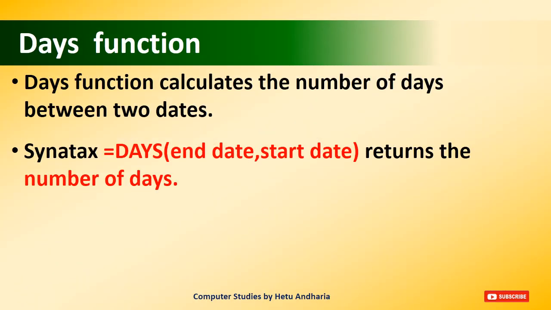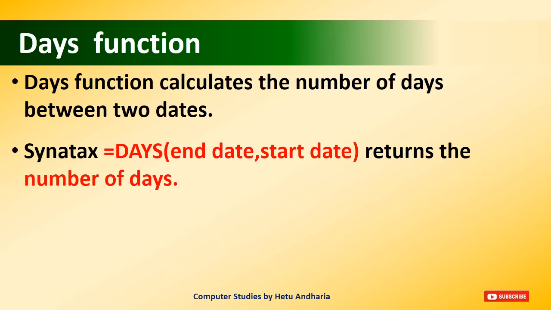Now we come to the DAYS function. The DAYS function is a very interesting function. It is used to calculate the number of days between two dates. For example, if you want to measure how many days are left for my friend's birthday, then you can use this function. If you want to count how many days old you are, years you know, but exactly how many days, you can find that using this function.